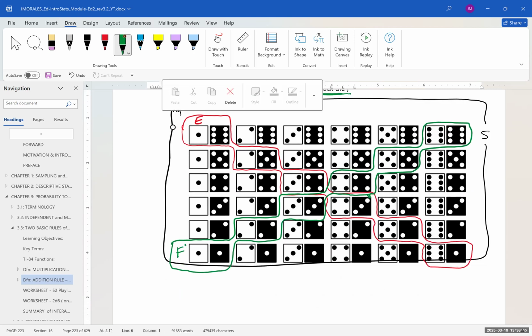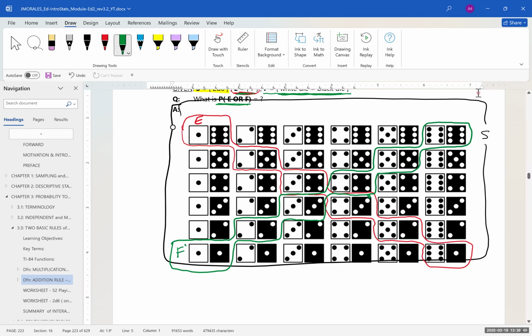All right, so what you can see here is that event E and event F have nothing in their intersection. Just because of the way I drew it, you might say they do overlap there, but I'm talking about overlapping on an outcome. There's no combination of the two dice that's in both E and F. You can't get a 7 with two dice being the same number, right?